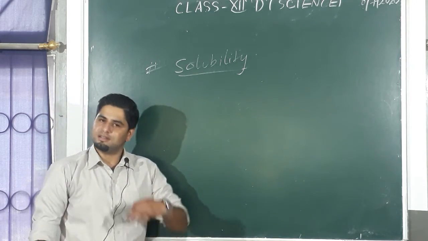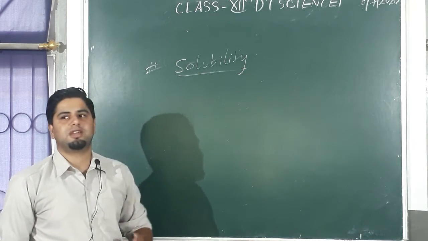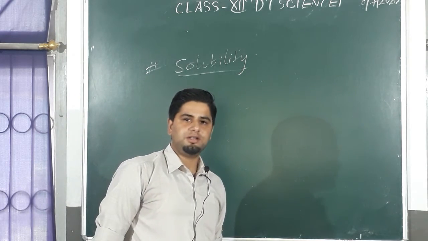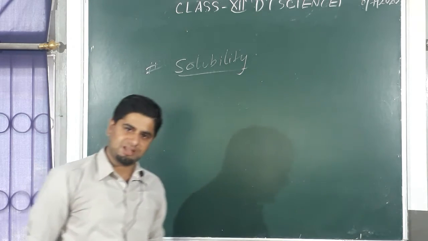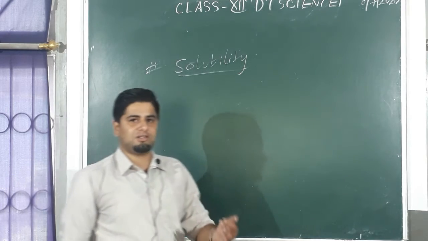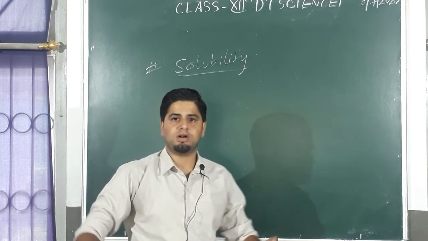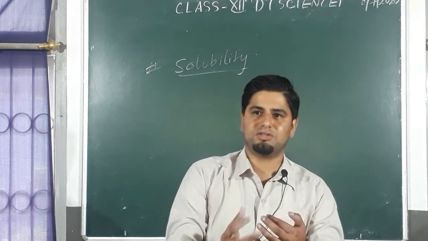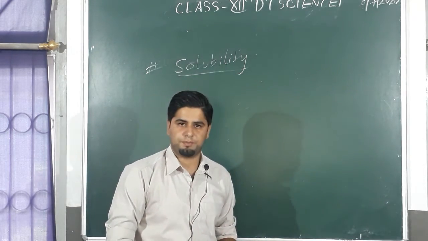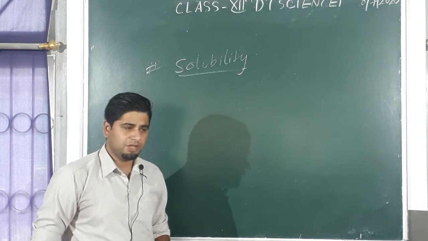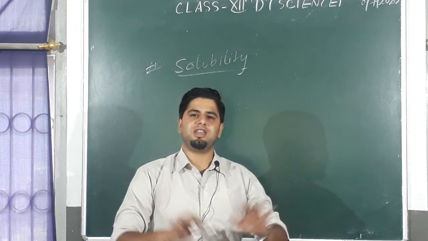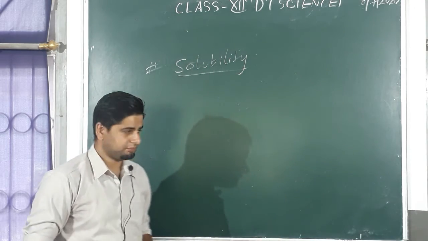Solubility is the ability of a substance to get dissolved in the given solvent. Or you can call it the extent to which a solvent can dissolve the solute. Understood? This solubility depends on various factors.